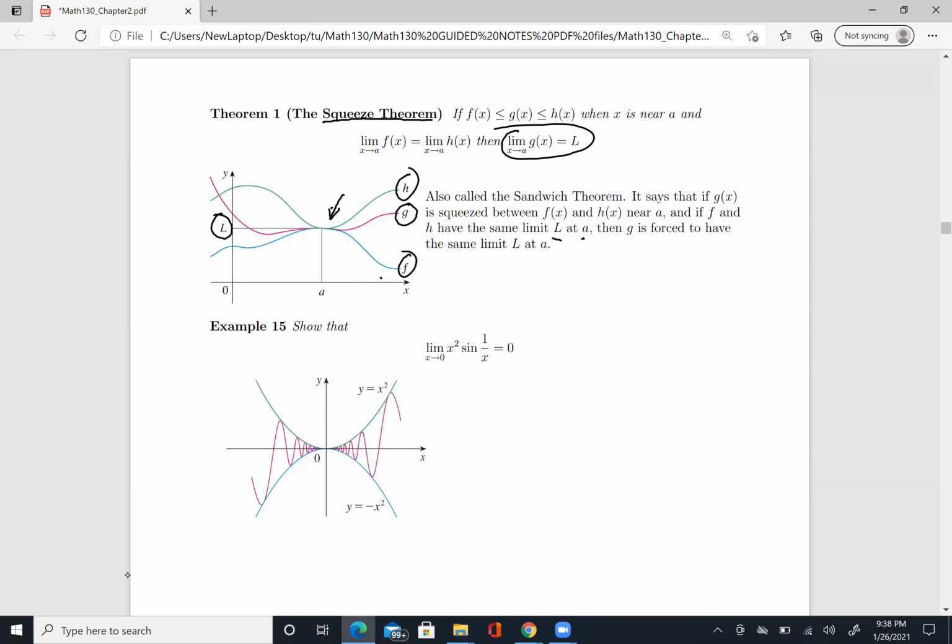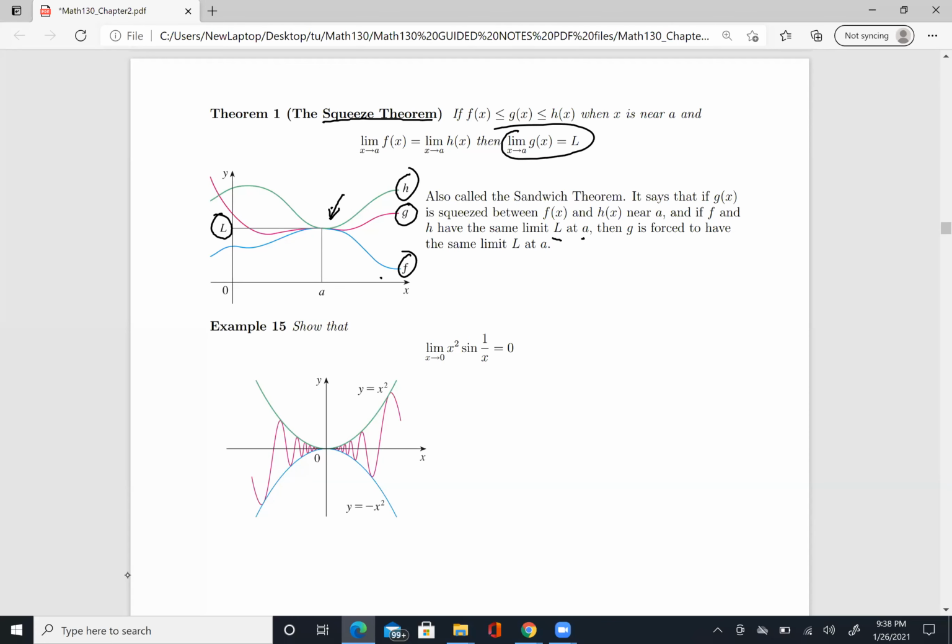Okay, so from the limits of two different functions, you can squeeze and know the limit of another function.